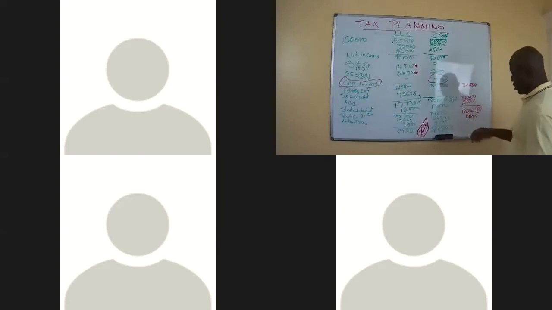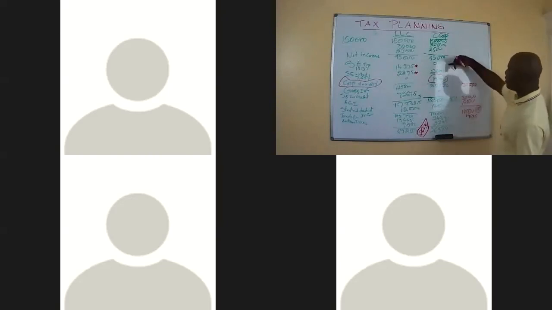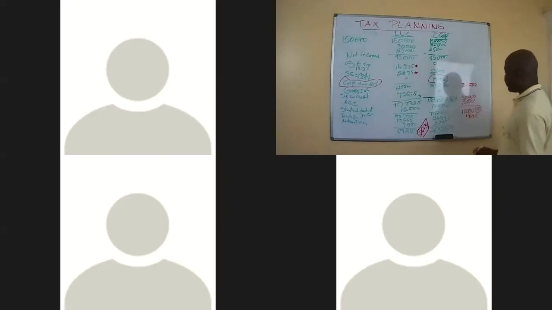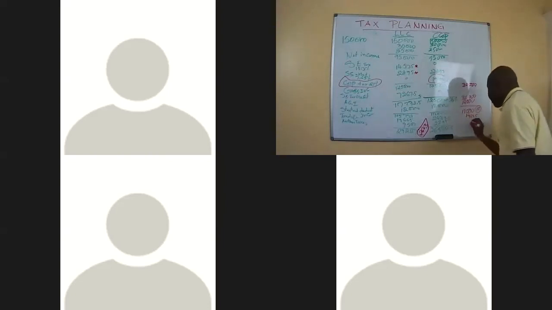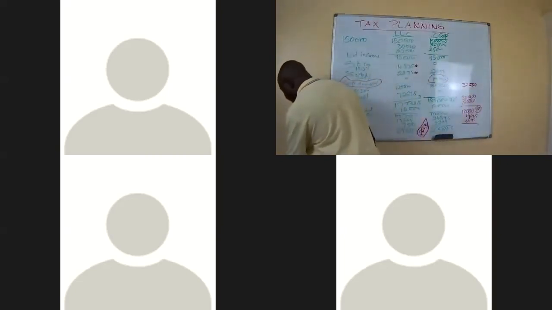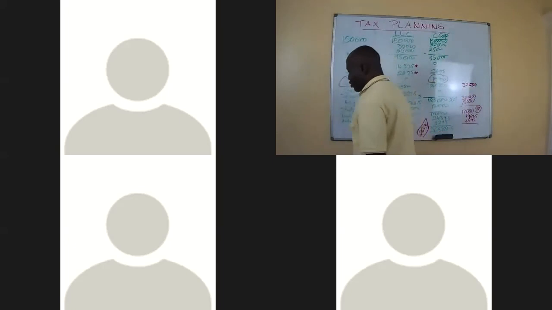So over here, the only thing she has to pay on top of this is the self-employment tax, right? The self-employment is still there. On her income, she pays self-employment taxes, so she will also pay $2,295. So the total taxes is only $4,264.